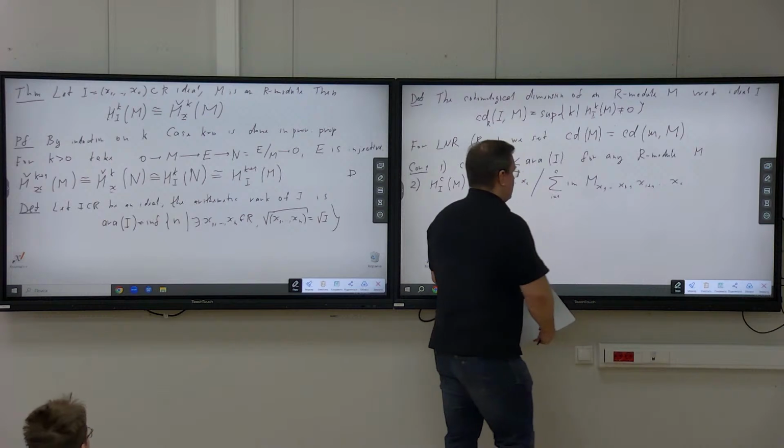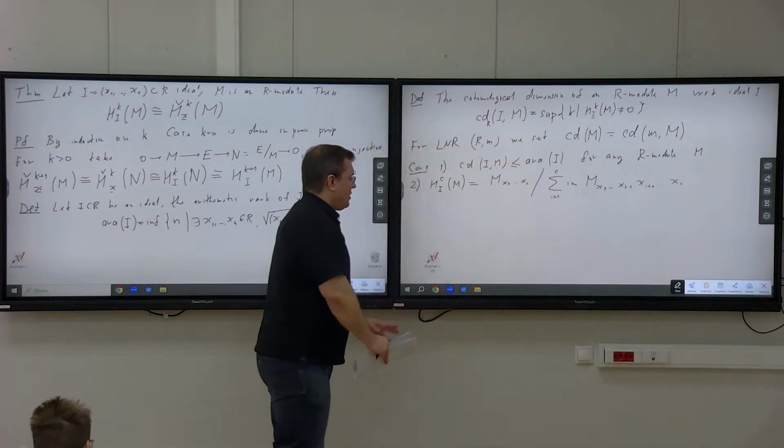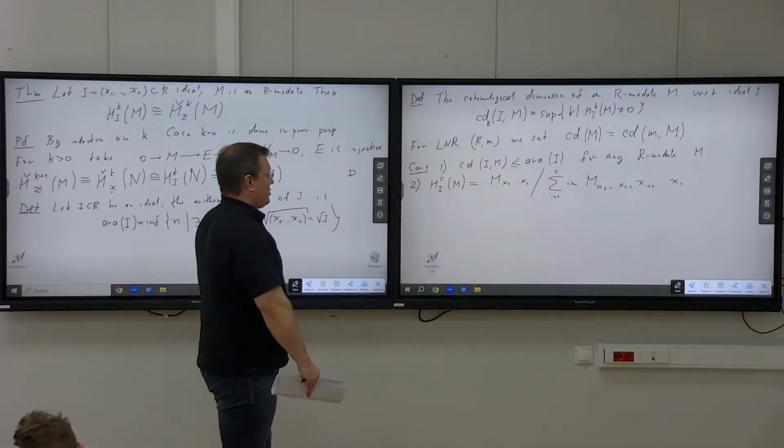Well, just nothing else but looking at the cokernel of the last map in the Čech complex.